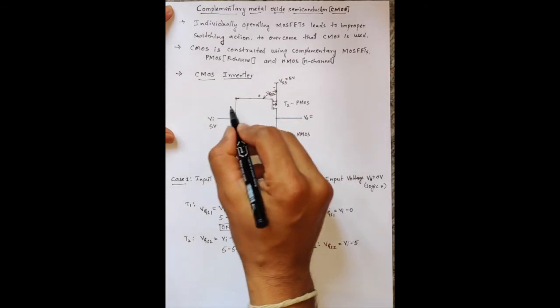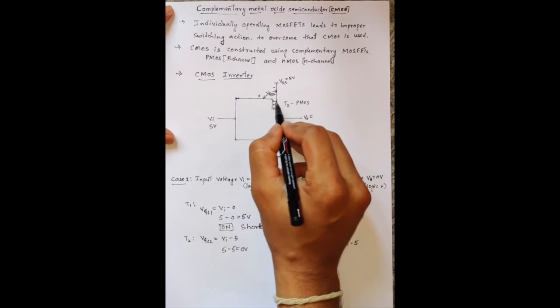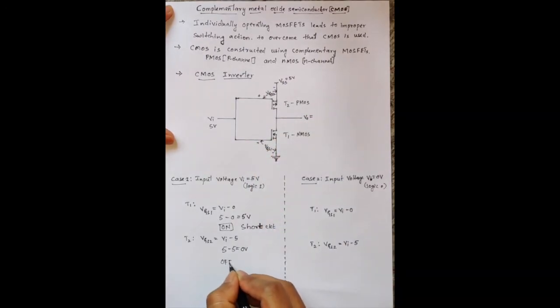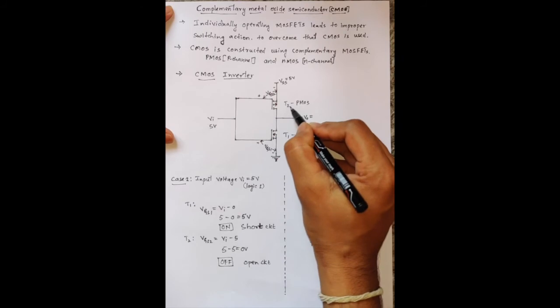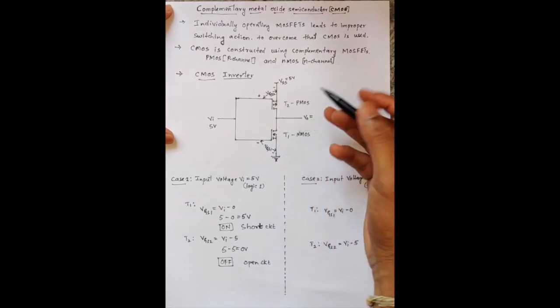So we are providing 0 volts to transistor T2, and T2 will be in off state. Since we are providing 0 volts, transistor T2 is in off state and acts as an open circuit. So transistor T1 is in on state and transistor T2 is in off state. This acts as an open circuit and this acts as a short circuit.